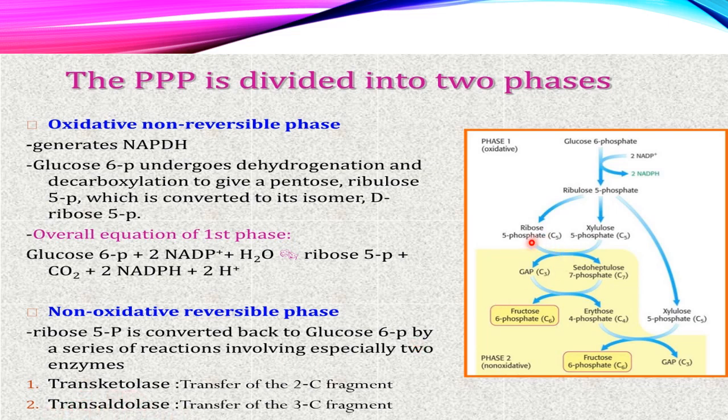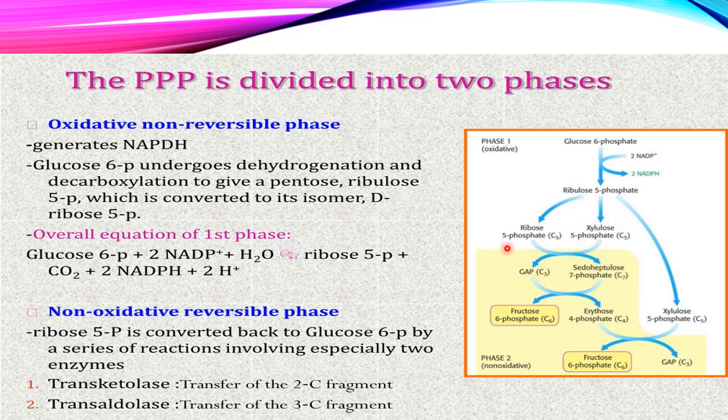Okay, and these are the steps where ribose 5-phosphate, xylulose 5-phosphate, glyceraldehyde phosphate, sedoheptulose phosphate, fructose phosphate, and erythrose phosphate are all generated. These are our intermediate steps. I hope you are getting clear. So all these steps are involved. We will see this now in detail in the next slide.